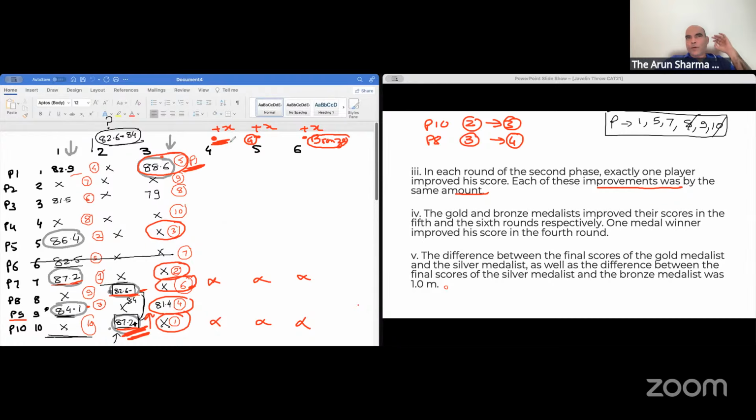So if this is for one of the medal winners, it can either be for gold, silver, bronze, any one of them. And the difference between the final scores, and this is the last key issue, the difference between the final scores of the gold and silver, as well as the difference between silver and bronze, was 1 meter.